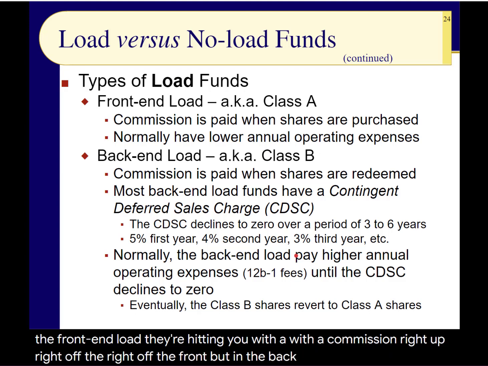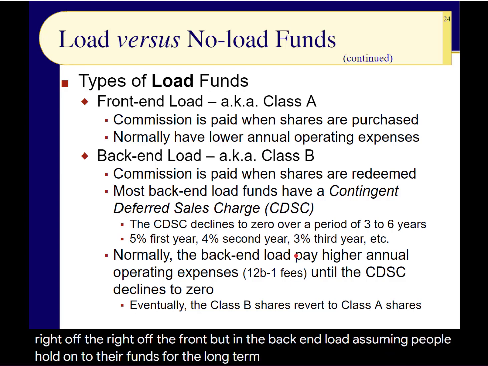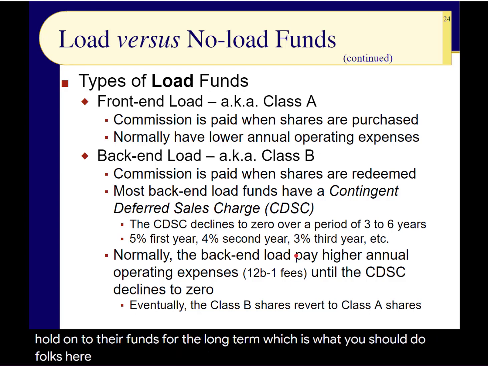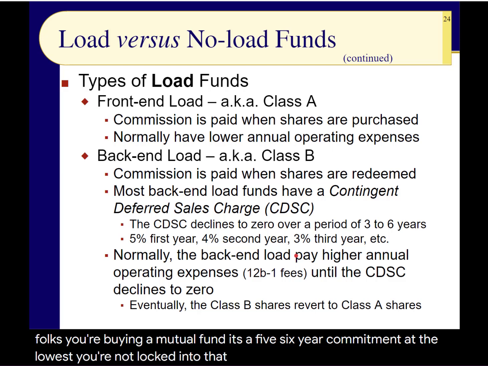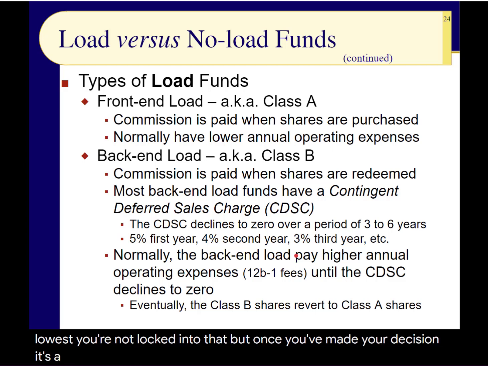But in the back end load, assuming people hold on to their funds for the long term, which is what you should do, folks. You're buying a mutual fund. It's a 5-6 year commitment at the lowest. You're not locked into that, but once you've made your decision, it's a good idea to let the fund do its job. It's a long-term investment.